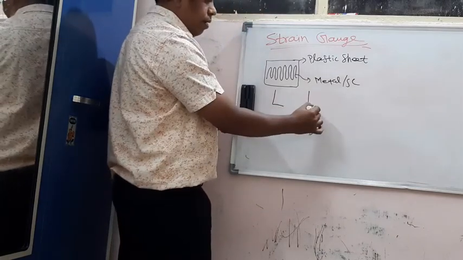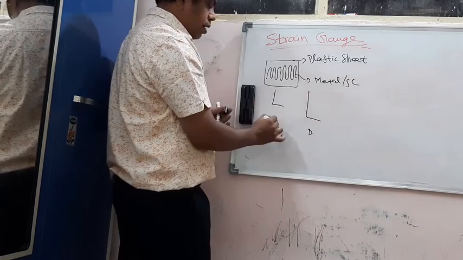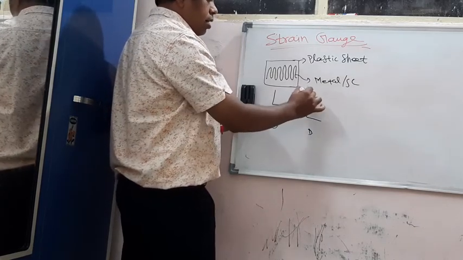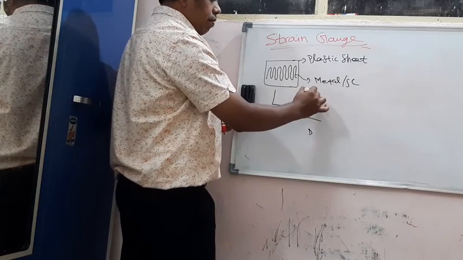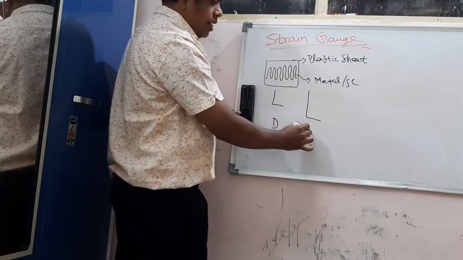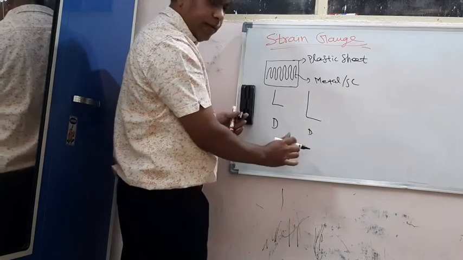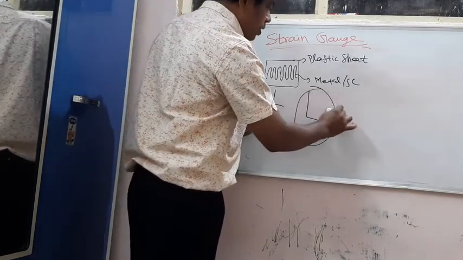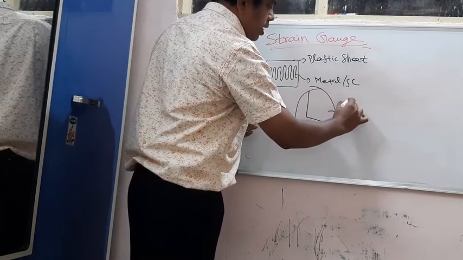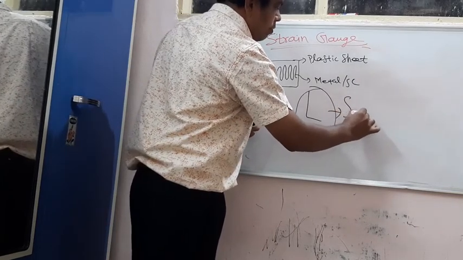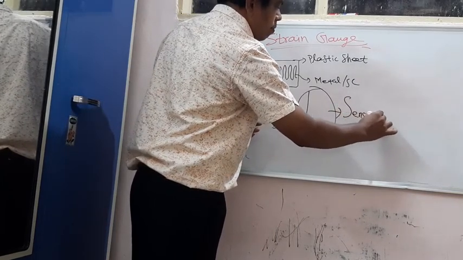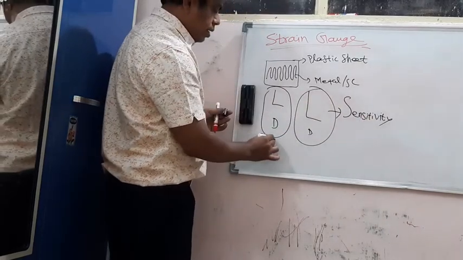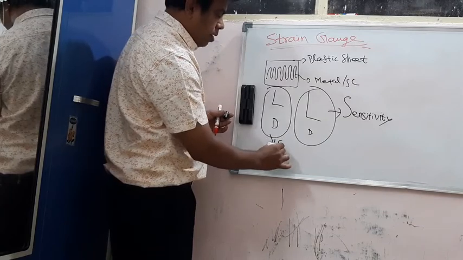In one case, the length is small and the thickness is moderate. In another strain gauge, the length is very high and the thickness is minimum, so the sensitivity for this type of strain gauge will be very high. In the other case, sensitivity will be comparatively small.